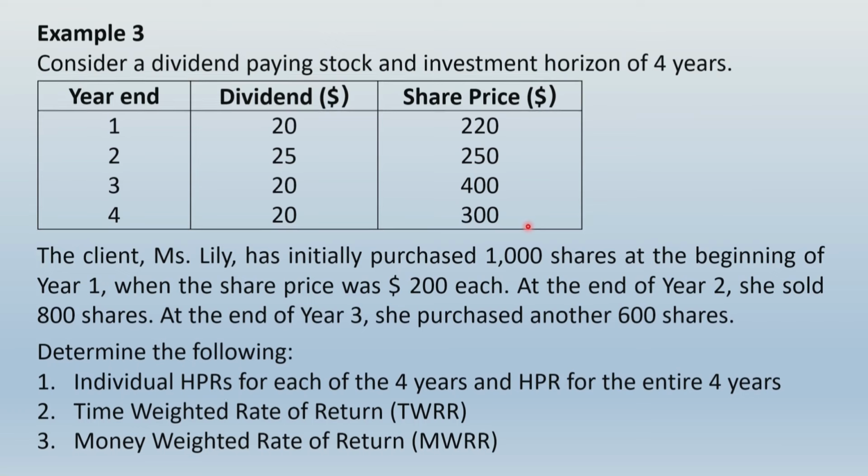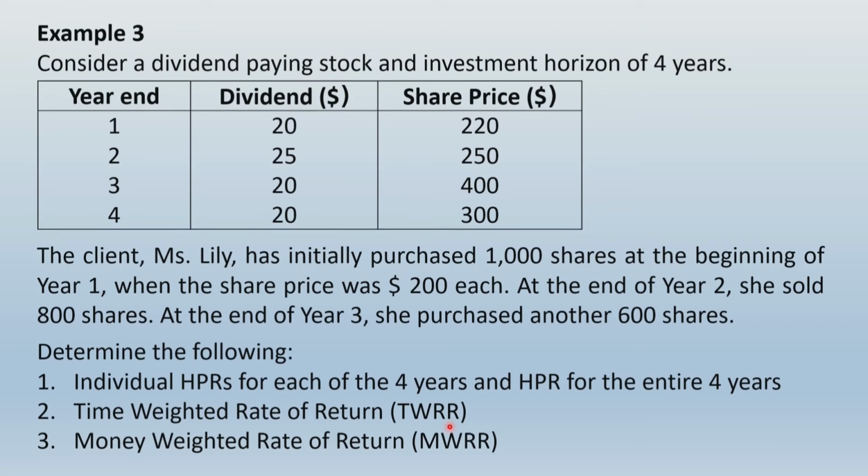If the initial data is the same, with the dividend, share price, all information the same, and an investment horizon of 4 years, you know what will happen when the question asks you to determine the HPR for each individual year and then the entire HPR for the 4-year holding period. HPR will not be affected because HPR has nothing to do with all these purchase and sale decisions, and therefore TWRR will also not get influenced.